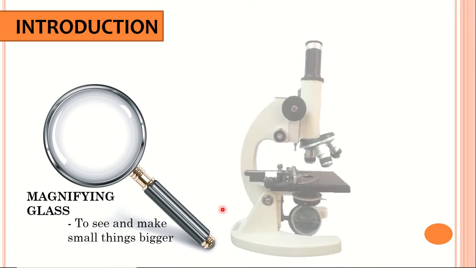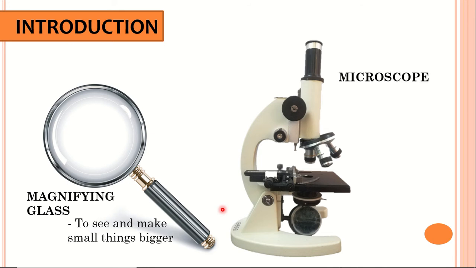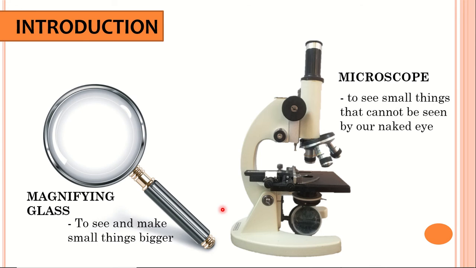How about this object? What is this? Very good. This is a microscope. And what is the use of this instrument? Very good. To see small objects or small things that cannot be seen by our naked eye.